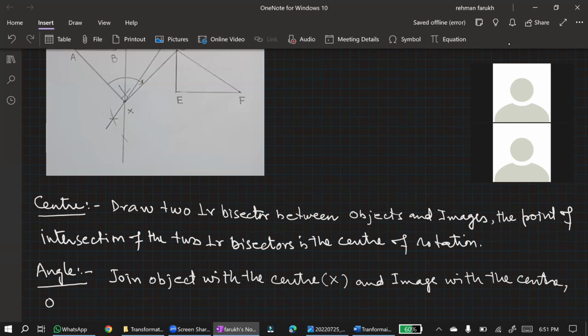Object, center, image is the angle of rotation. In this case, AXD is the angle of rotation.